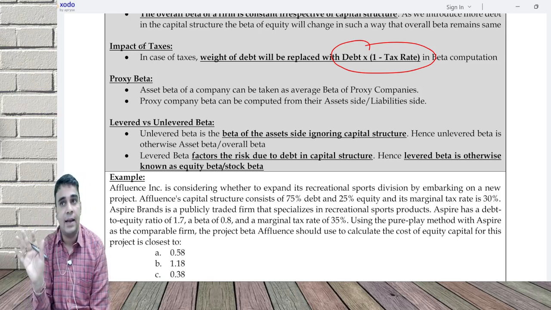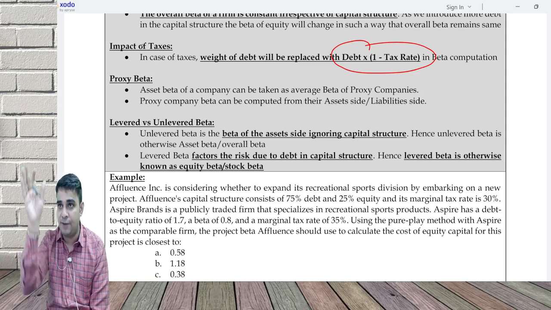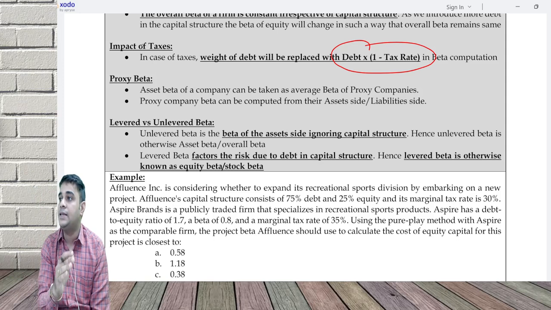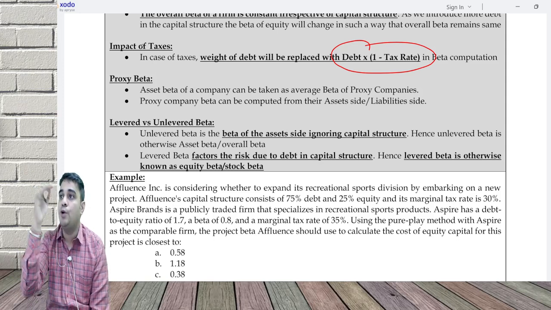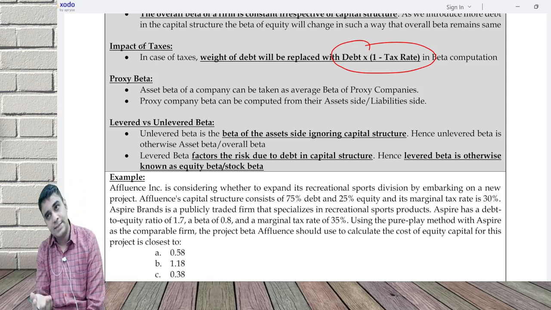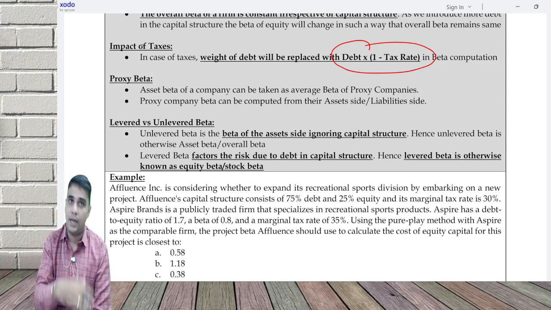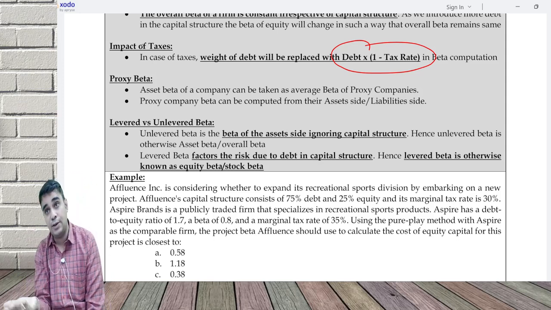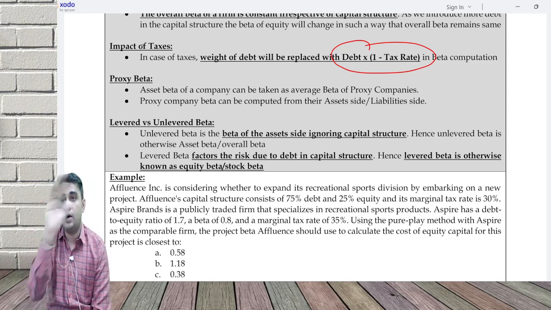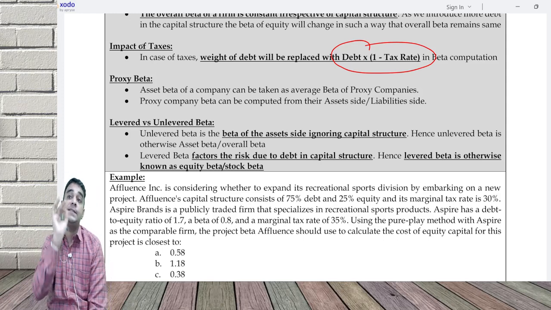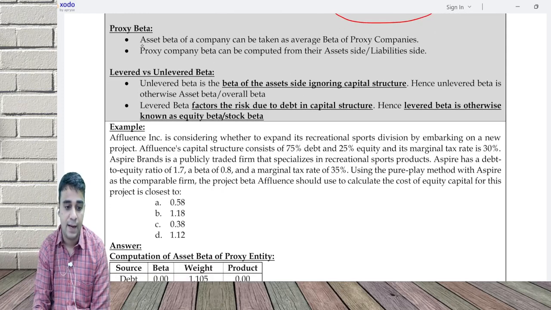Practically there's nothing like liability beta. Left hand side is asset beta, right hand side is also asset beta only. Whether you use the liability side route, the asset side route, or the proxy company route, it is asset beta only. Equity beta is the balancing figure.